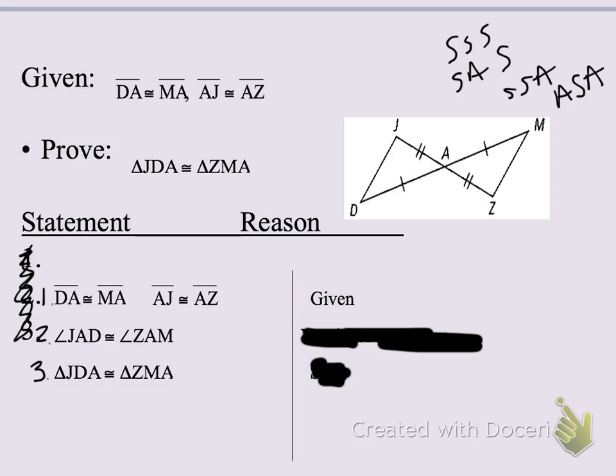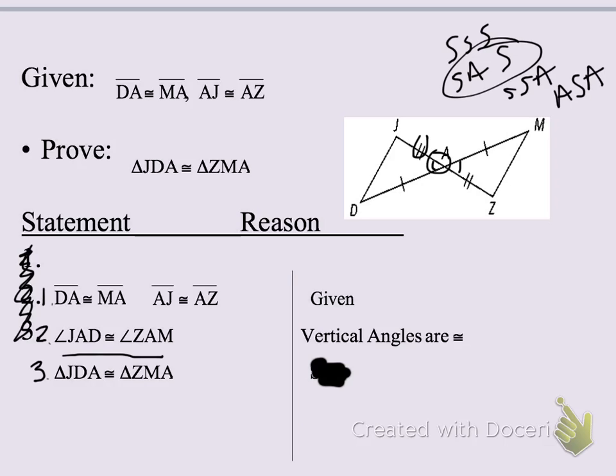So we could say, because these are vertical lines, angle JAD and angle ZAM are congruent because they're vertical angles. So since we have side, angle, side, we're able to prove that those two triangles are congruent. Again, the order matters on this. So by side, angle, side.